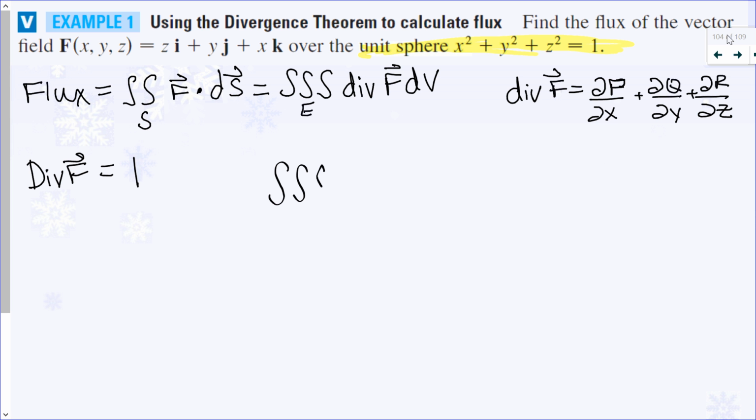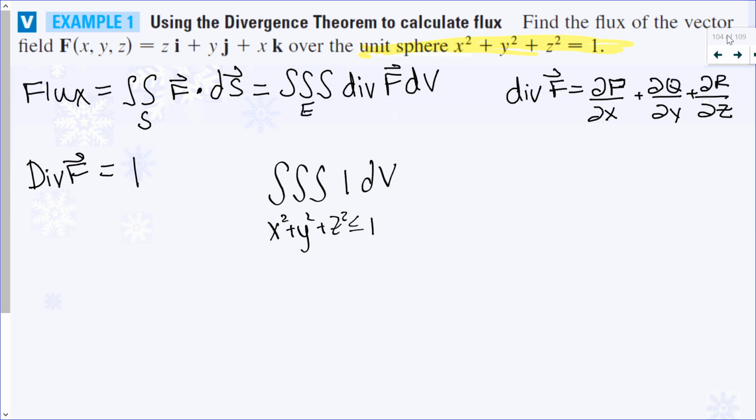It's the triple integral over the sphere, x squared plus y squared plus z squared less than or equal to 1, of 1 dV. What does this mean? Yep. That just is the height of the sphere. Yes. If you take the triple integral with respect to volume, and the integrand is just 1, it's just the volume of a sphere.